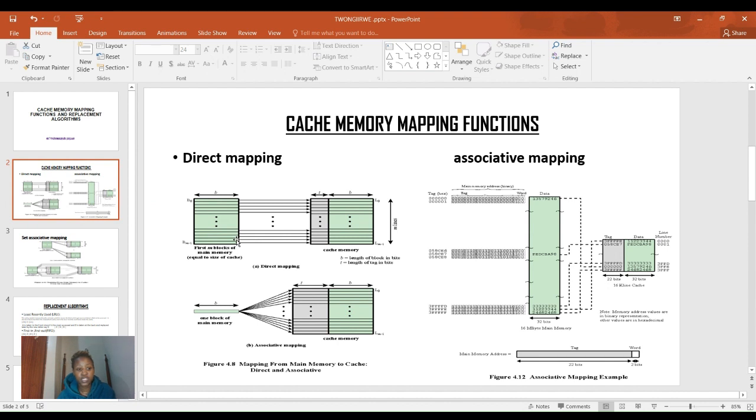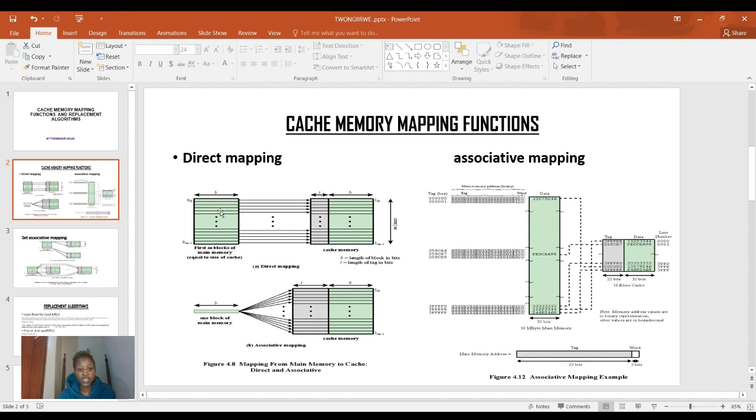In direct mapping, a block of main memory is mapped to exactly one possible cache line. Each line of the cache memory stores one block.